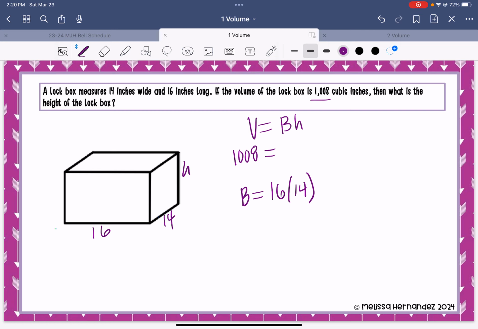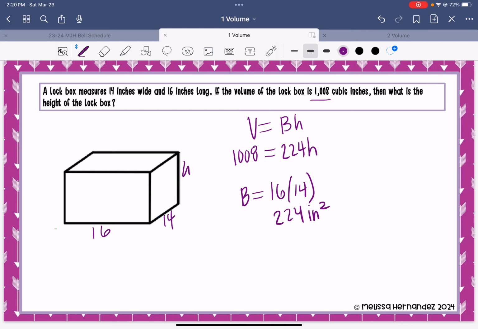So what I'm going to do is multiply 16 by 14. That will give me 224. Okay. I'm going to have 224 inches squared.